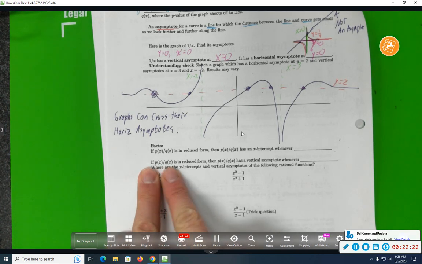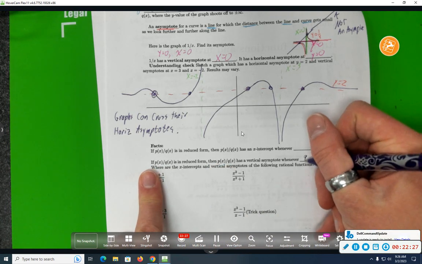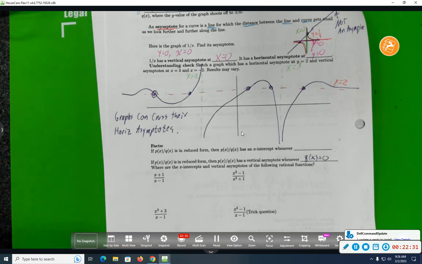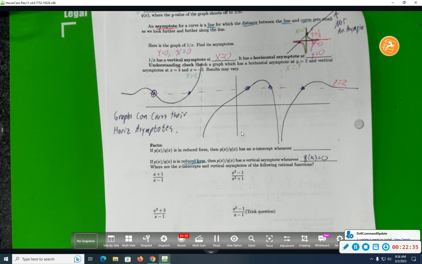So if p of x over q of x is in reduced form, then p of x over q of x will have a vertical asymptote whenever q of x equals 0. And this bit about being in reduced form is important. You should check that before you use this. If it's not in reduced form, a thing that you think might be a vertical asymptote, you might not actually have a vertical asymptote. We'll see that in one of these examples.